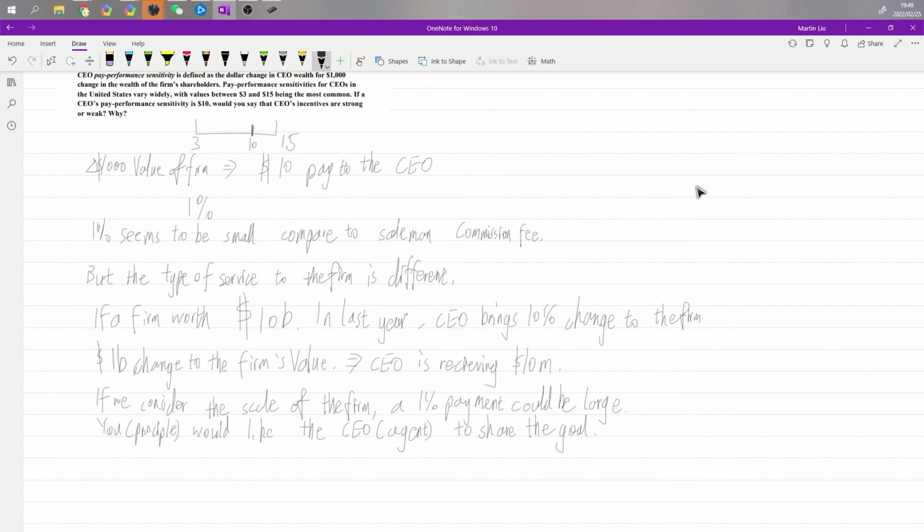As long as the agent has the same goal as the principal, he will work his best towards what benefits the principal the most. In the extreme case where the principal and the agent share 100% of the goal, you are self-employed, working on your own business, and that would be the most beneficial case.